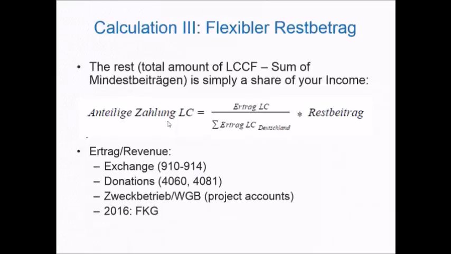And then you divide the revenue from your own LC by the revenue of whole Isaac in Germany and multiply it with the Restbeitrag that stayed after you have subtracted the Mindestbeitrag. Exactly. And then you can calculate how high the LCCF payment for your local committee is.